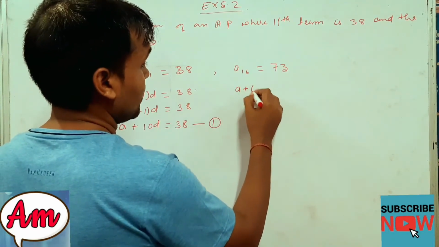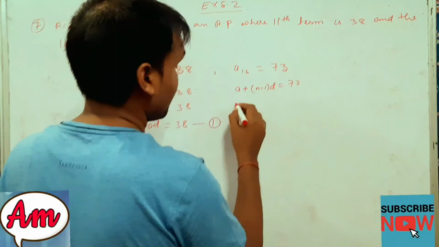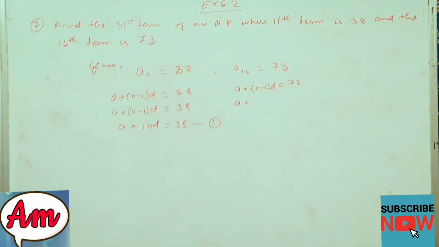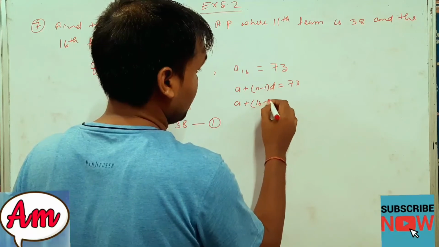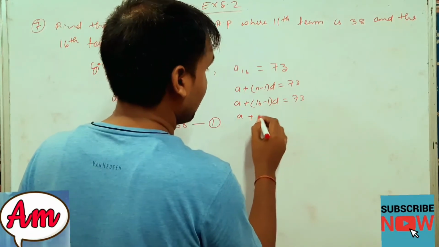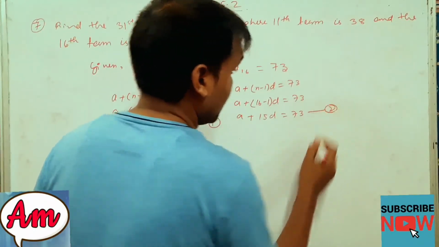Next, a plus (n minus 1) into d equals 73, and here n's value is 16, so 16 minus 1 into d equals 73. a plus 15d equals 73. Equation number 2.